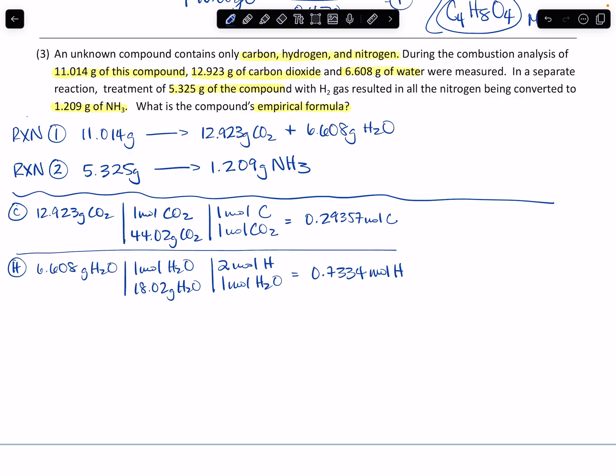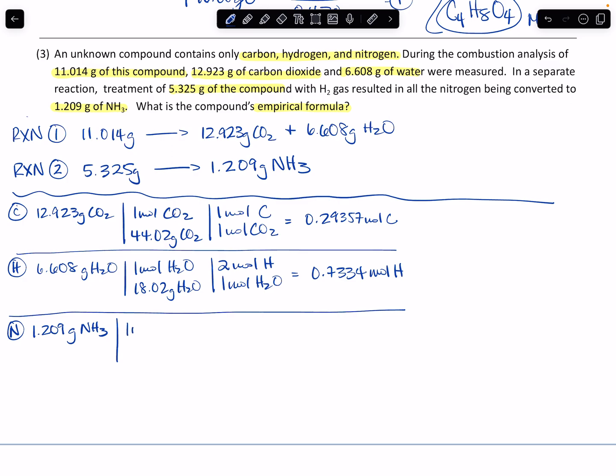However, we also could use that ammonia value, because that's another way to determine the amount of nitrogen. So if we start with 5.325 grams of the compound, we produce 1.209 grams of ammonia, and all of the nitrogen from our compound has ended up in that ammonia.